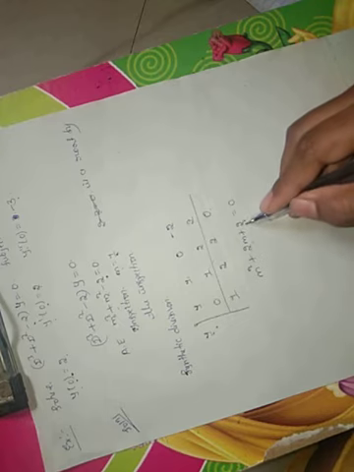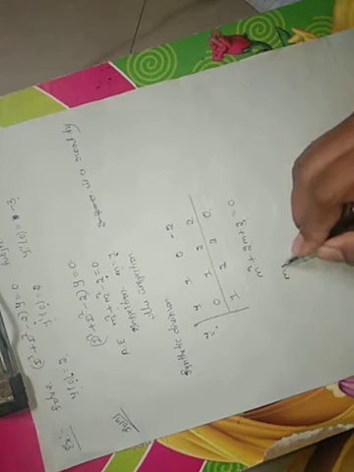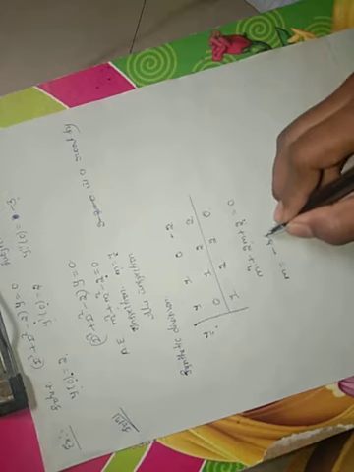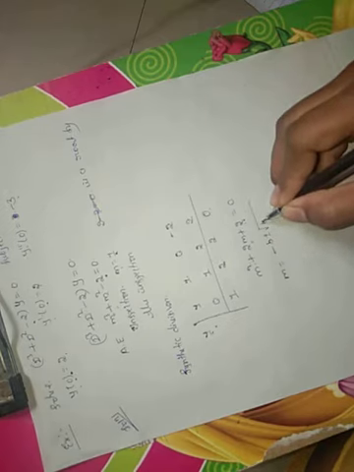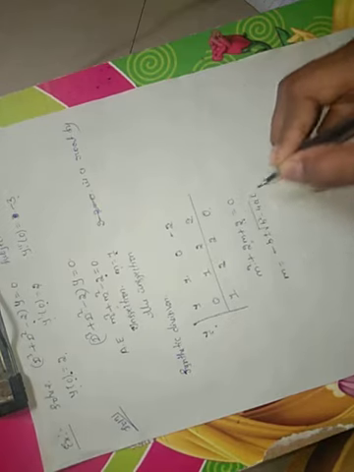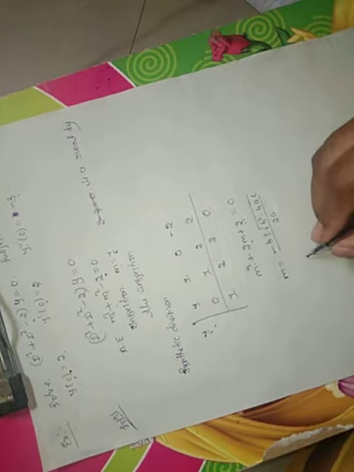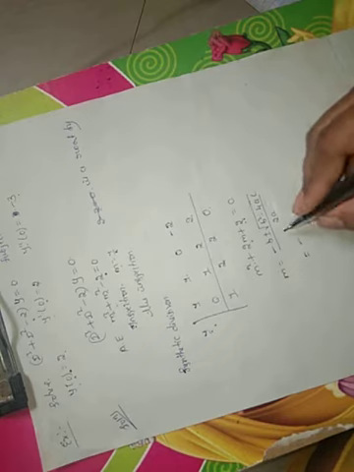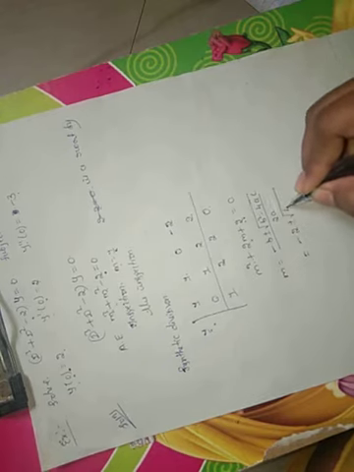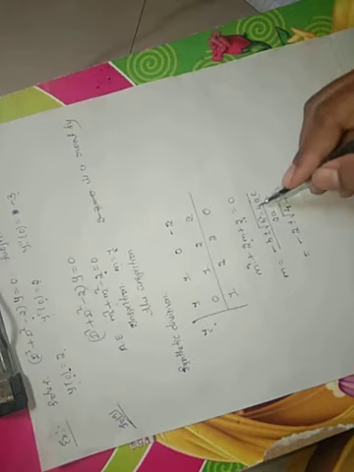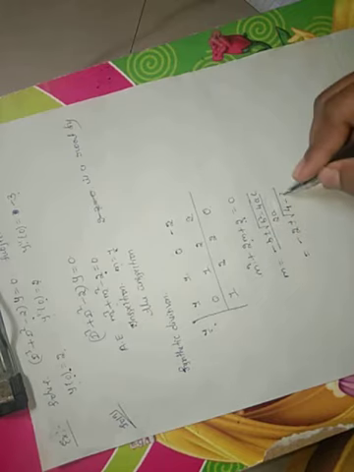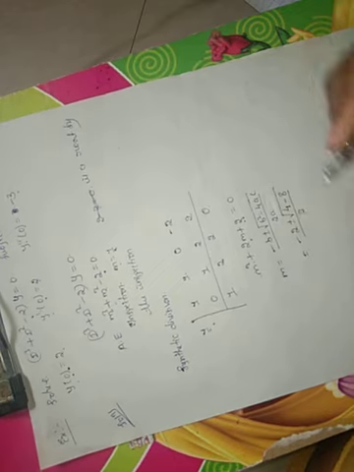We cannot factorize it, so again go for the formula, minus b plus or minus root of b square minus 4ac divided by 2a. Minus b equal to minus 2 plus or minus square root of b square is 4 minus 4 into a into c is 8, divided by 2.